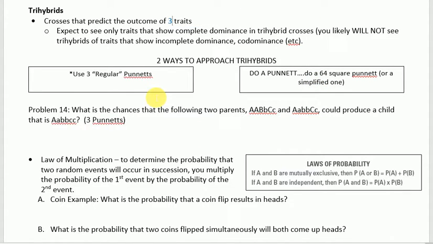In this instance, we're only going to see traits that show complete dominance. Again, you're not going to see traits that show incomplete dominance, codominance, etc. There are 2 ways to approach this. You can use 3 regular Punnett squares, or you can do a 64 square Punnett, or a simplified one if it works out that way.